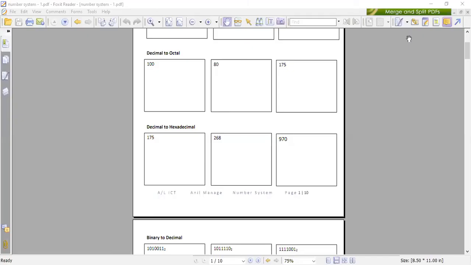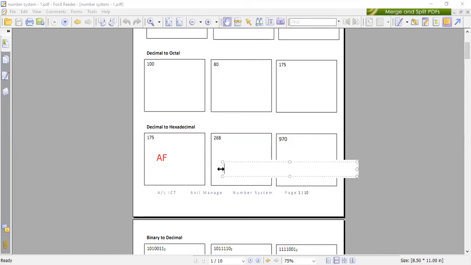Okay, we'll see the answers. Here 175, when you divide by 16 you get 10 and the remaining will be 15. So you can represent 10 with A and 15 with F. It should be AF, right? AF.